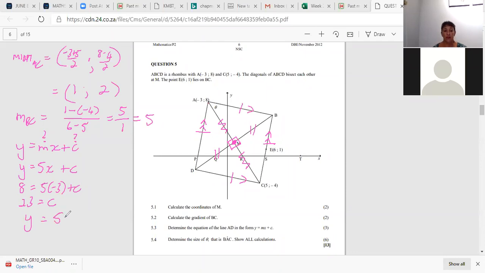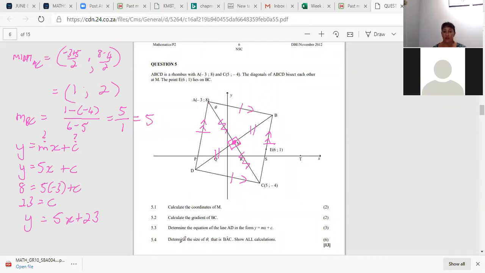So y equals 5x plus 23. And you can see that even from this drawing, it's very steep. It's only going to touch the y-axis quite high up, hence the high y-intercept. Right, so that's the equation of AD.